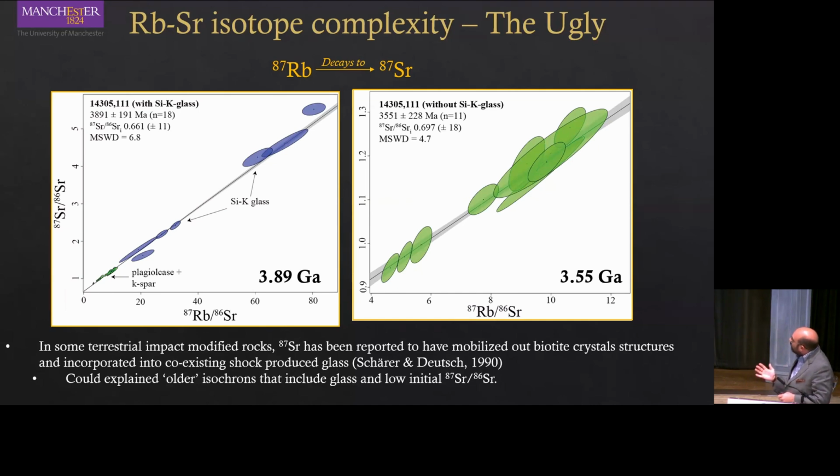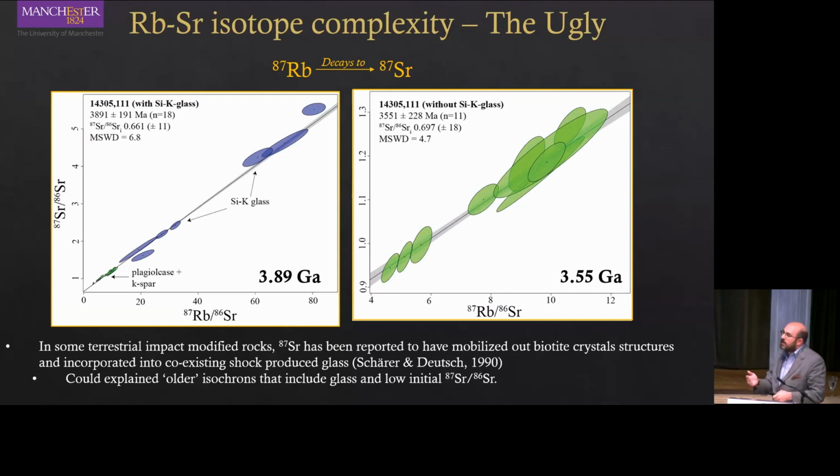It's quite unclear at the moment, but one thing that has been noted in the literature is that in some terrestrial rocks, people have done similar Rb-Sr studies on whole rock fractions, and have noted that potentially during shock and the impact process, you can get radiogenic strontium-87 being incorporated into shock glass.